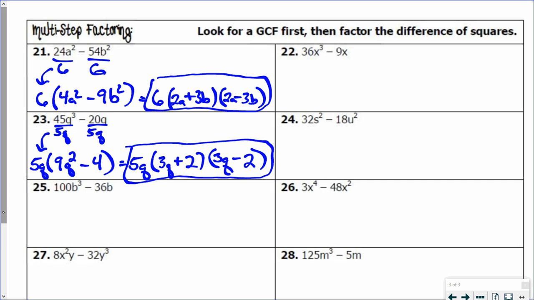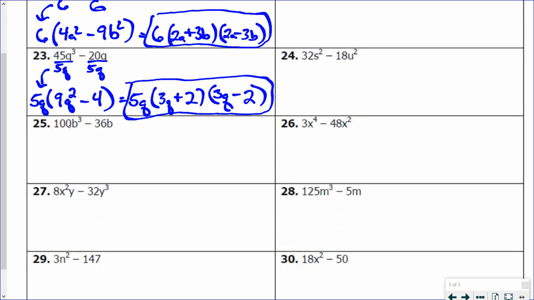All right, let's look at 25 here. So 136, I believe the greatest common factor is 4, and I can factor out a b. So I'm going to divide these by 4b. 4b, bring the 4b out in front.